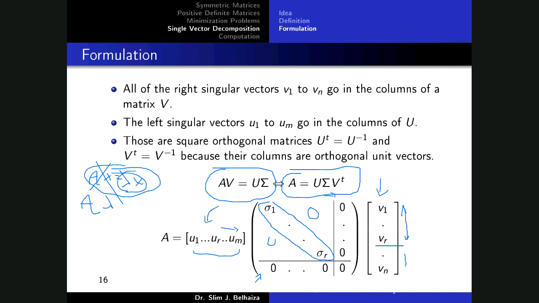These vectors somehow verify the properties verified by the eigenvectors, and similarly for the singular values. The main idea is to get this kind of factorization, where A is equal to U sigma V transpose. Now the question that needs to be asked is how to find these values. There are some mathematical tricks which are very, very beautiful. We'll see how to get to this point.